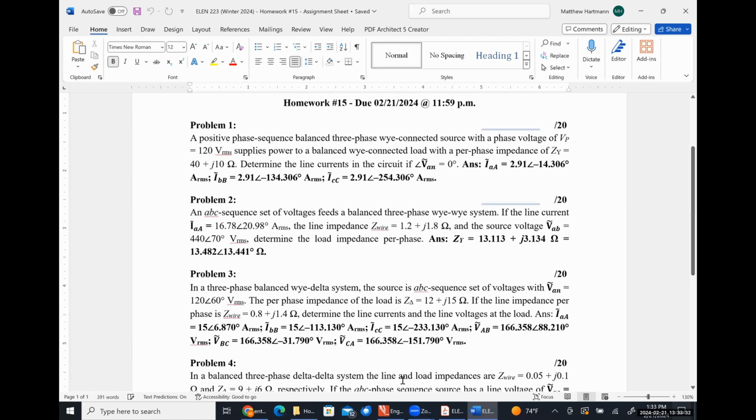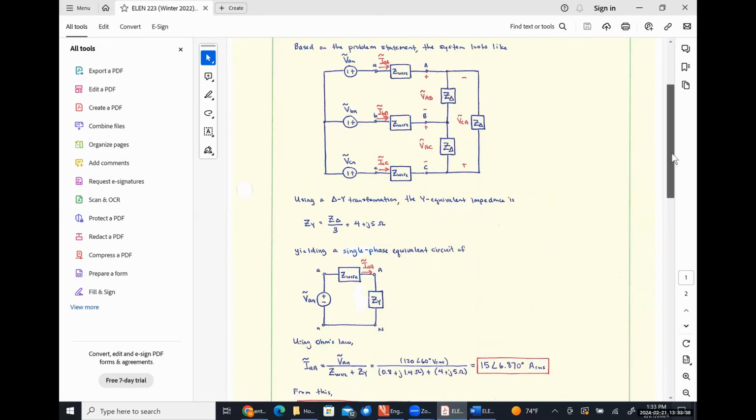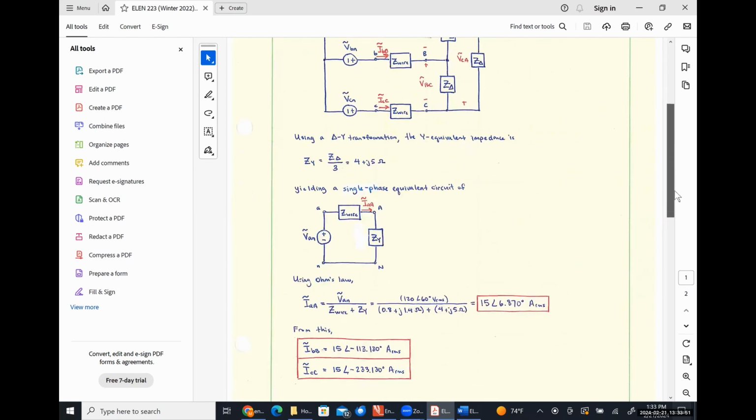All right. So if I am trying to solve for those voltages, VAB, VBC, and VCA, those line voltages, I would have found VAN first and then multiplied that by √3 angle 30 degrees.